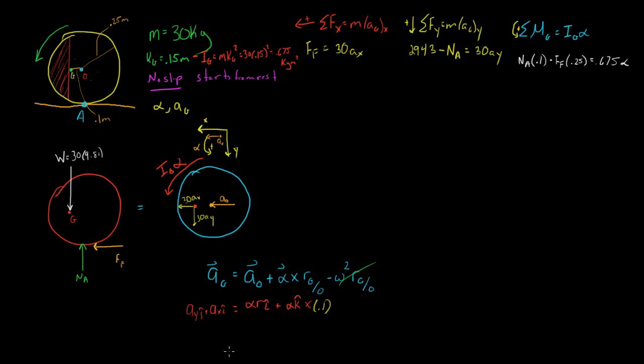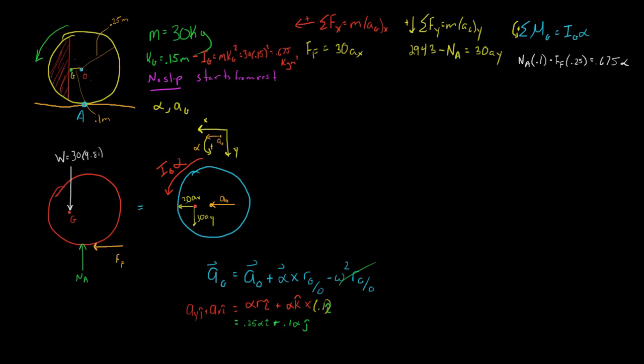Now, we put in what we know. We don't know what this alpha is, but we know this r. We know this is going to be 0.25 alpha in our i direction. We know a k, and this is also in the i direction. We know a k crossing i is going to be a positive j, so right here we're going to have plus 0.1 alpha j.